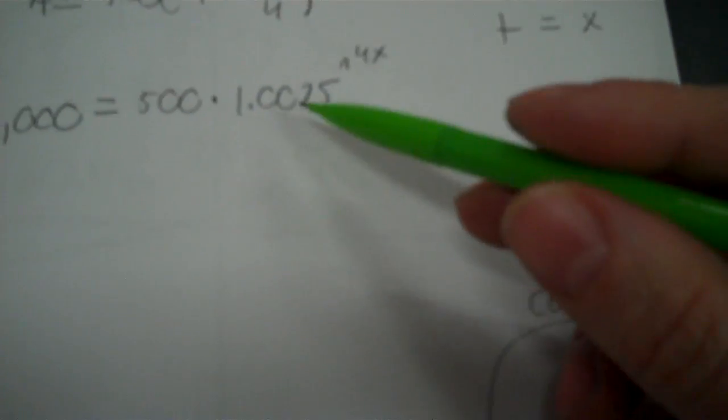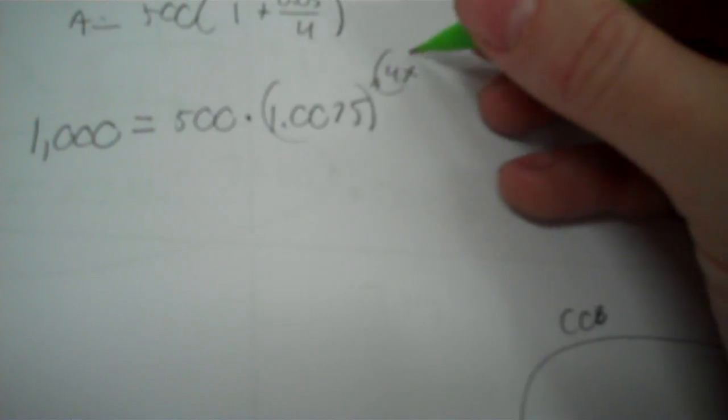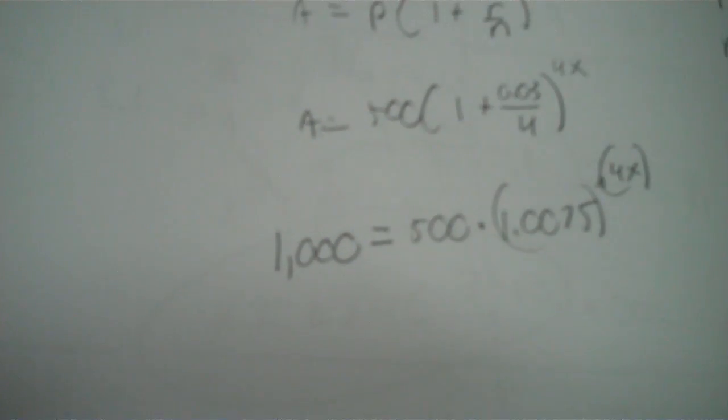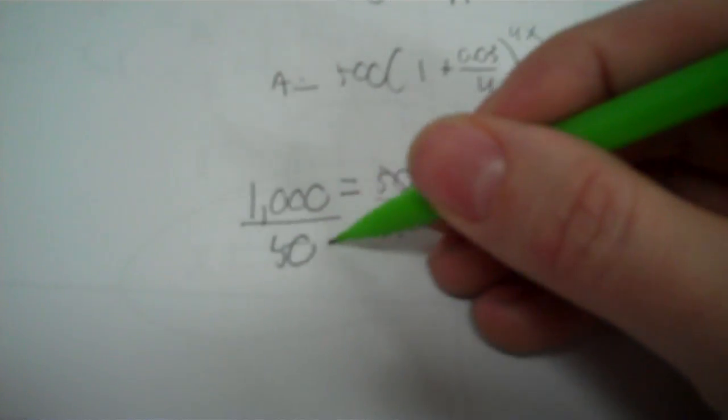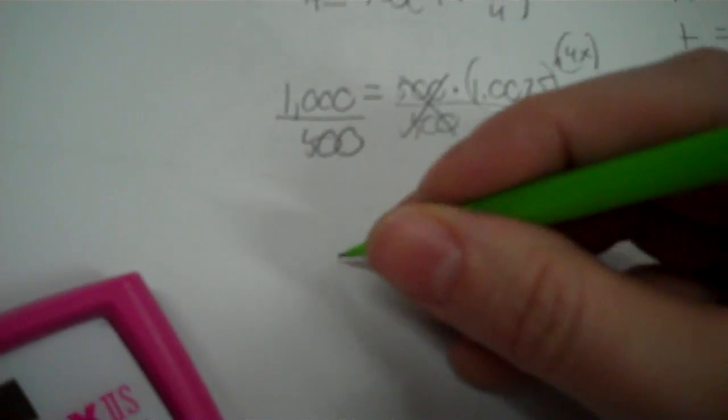Okay, if you have to solve for the exponent on these problems, you might as well set up your COB, because you're not going to be able to do it the first way where you multiply out, because the base is a decimal. Okay, so 4x equals, but I have to undo the times 500. So that's 2.